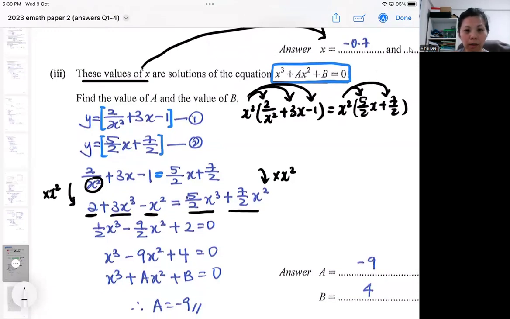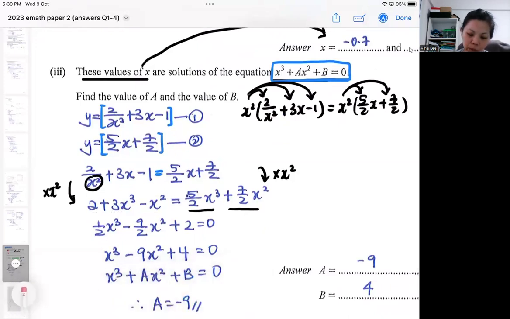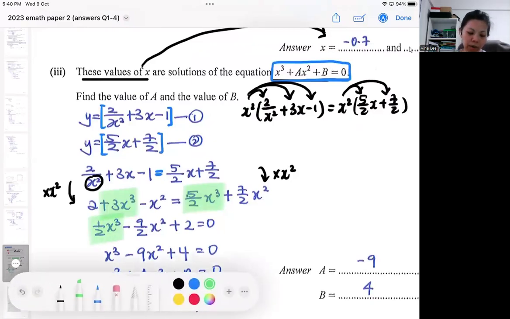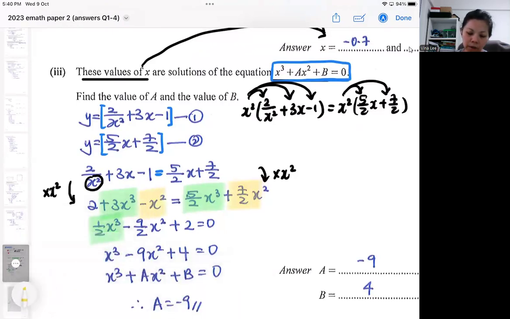Okay, and then when the x cube starts to appear, you can gather all of them to one side. So what I did was I gathered the 3x cube and this to the left side. That's how I get the half x cube. Then after the half x cube, I also gather the x cube together. So I gather everything to the left side and I'm just left with a number.